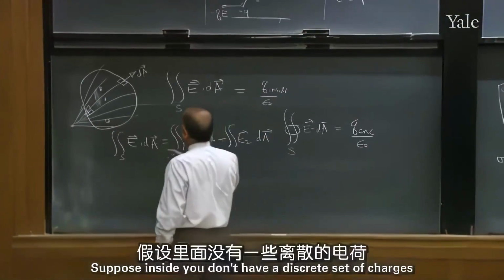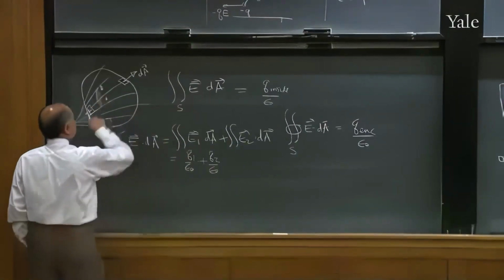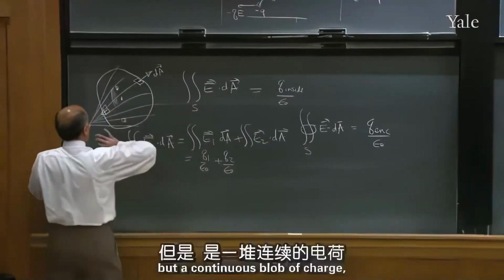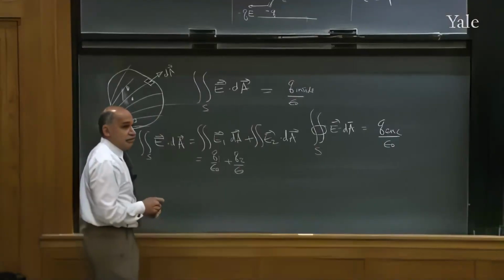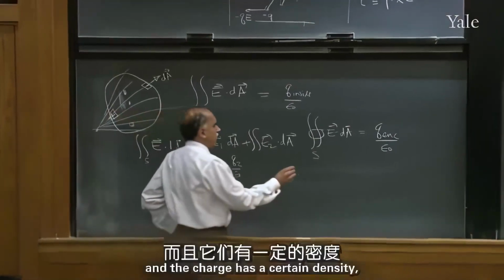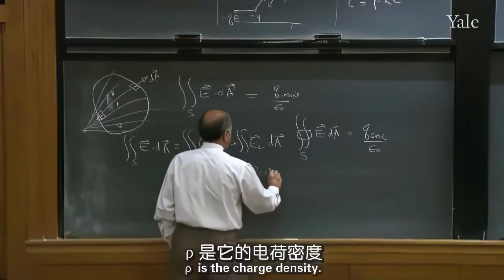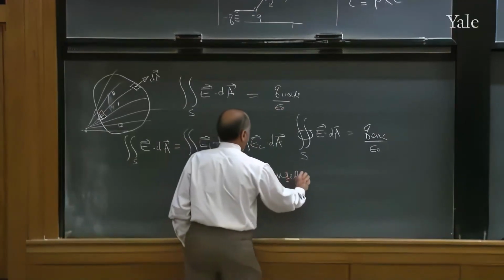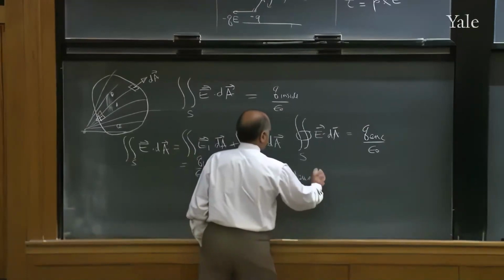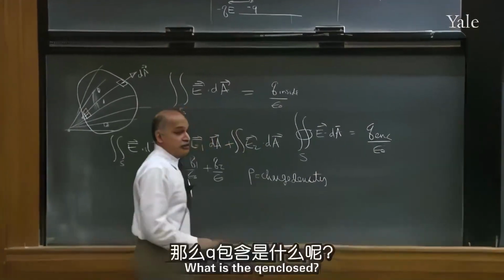And sometimes we write this as follows. Suppose inside you don't have a discrete set of charges that you can count, but a continuous blob of charge. And the charge has a certain density, rho. It's a charge density. What is the Q enclosed?